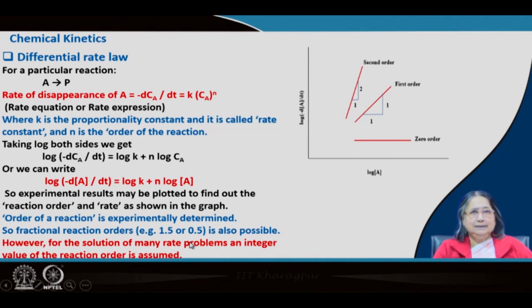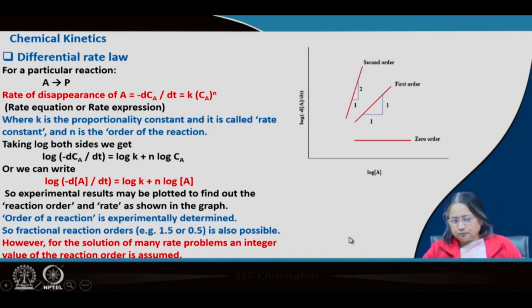For example, decomposition of acetaldehyde at 450 K. At high temperature you will see that the order is 1.5. This is possible, but sometimes for practical purposes, if you see the slope is like 0.95, then you can think that it is close to 1. So you can say that the order is 1, so it is a first order reaction.